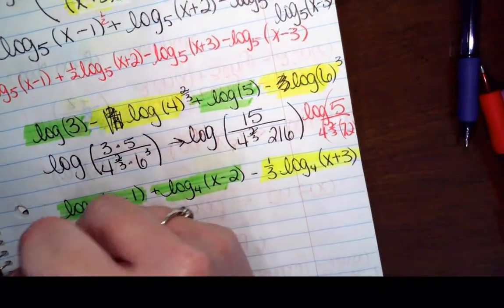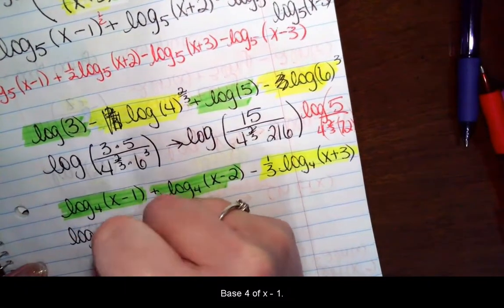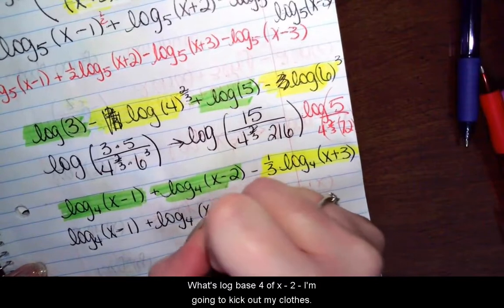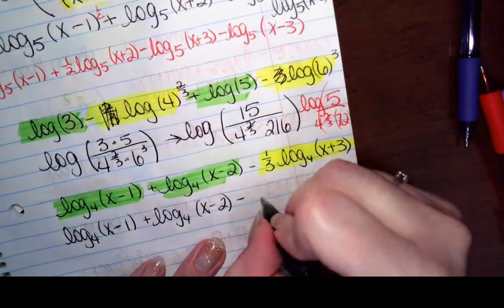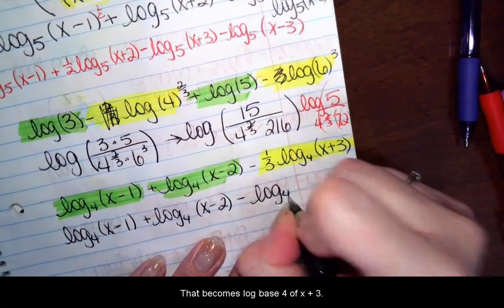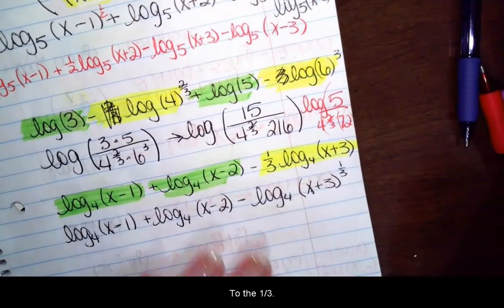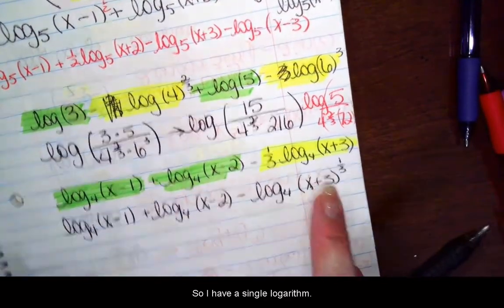So I am going to write this as log base 4 of x minus 1 plus log base 4 of x minus 2 minus, I'm going to kick up my coefficient. So that becomes log base 4 of x plus 3 to the 1/3.